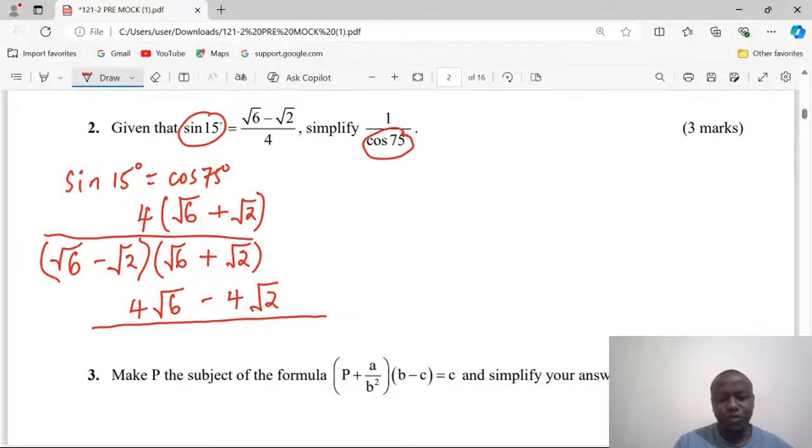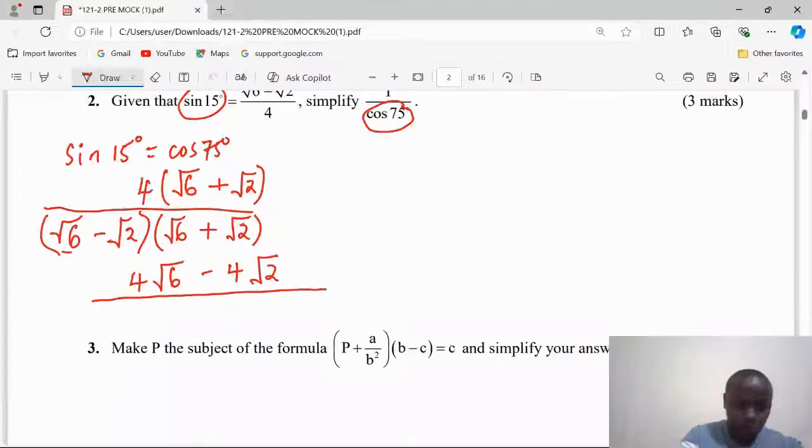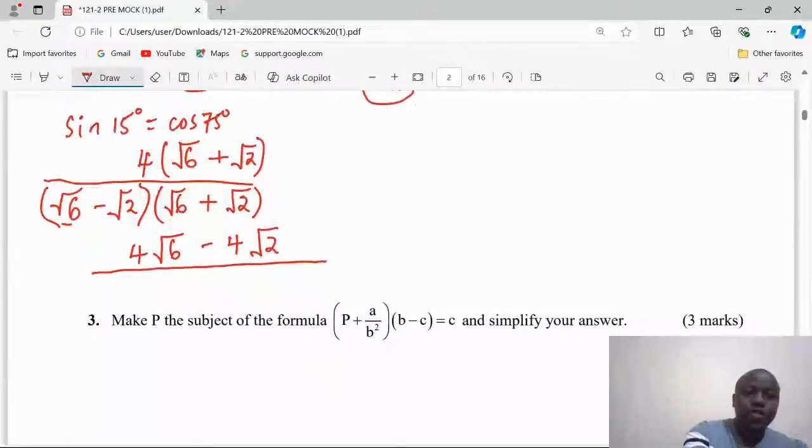With a difference of two squares, which has been simplified, we can expand it. For us to expand a difference of two squares, we just need the square of root 6 minus the square of root 2. Root 6 squared becomes 6, root 2 squared becomes 2. Therefore, I need 6 minus 2.